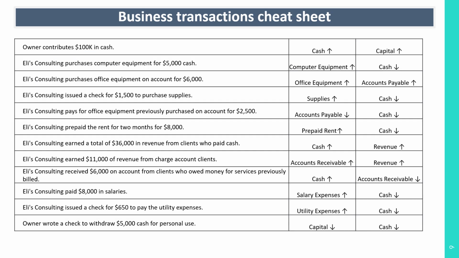My recommendation is to write down these business transactions like I have done here so that you can refer to them whenever you need them. There are a limited number of transactions that occur all the time, over and over again, with some variations, of course, in terms of amounts and details. However, the basic concepts are the same.